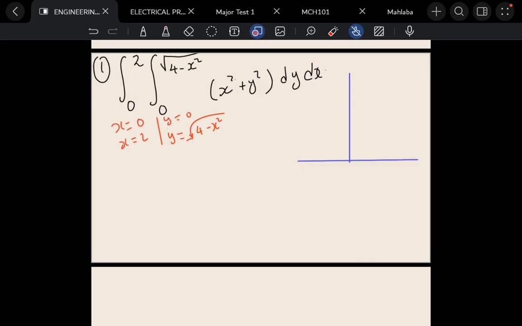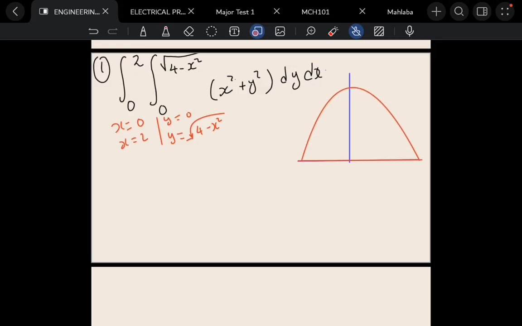So if you draw the graph, we have y equals 0, which is the x-axis, right? And then we have y equals square root of 4 minus x squared, and it's positive, so it's a positive semicircle. So if we draw the region, I'm going to have something like this.